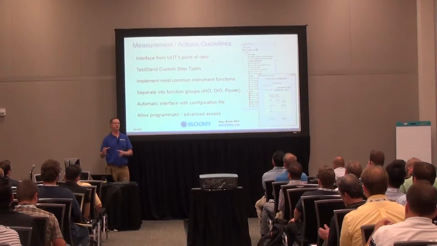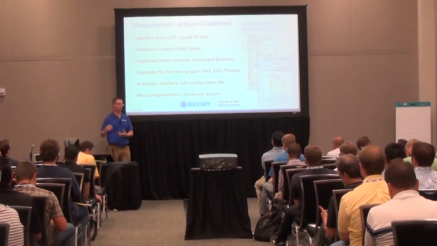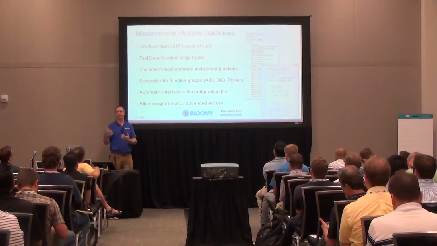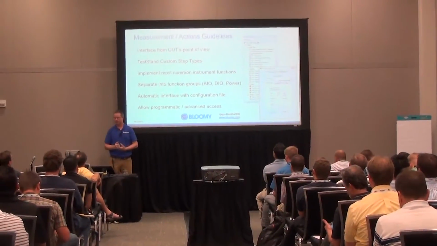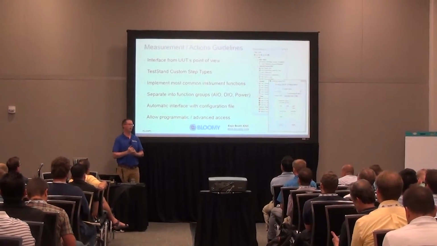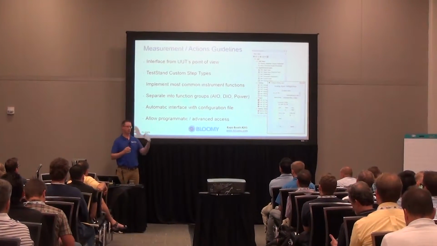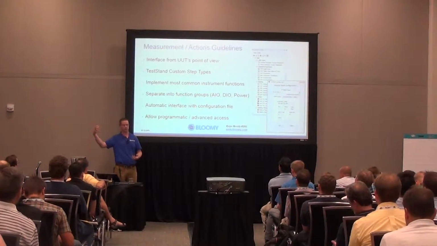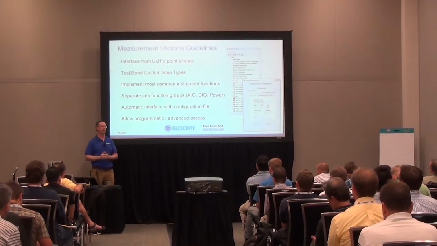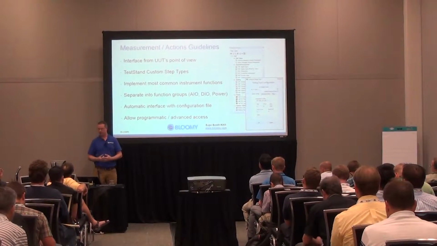The idea is that your test developer is essentially implementing a test procedure in TestStand, so you want it to look almost identical to the test procedure that's written on paper. TestStand custom step types are really awesome for defining your measurement abstraction layer. It gives you the front end, that dialog that pops up when you hit configure, and it gives you the back end, the pre or post step that you call that actually implements the function at runtime.